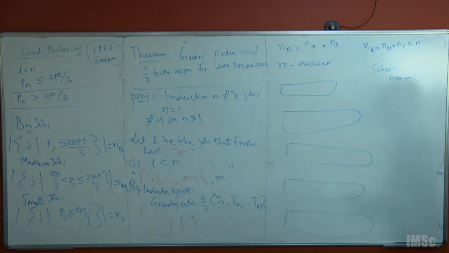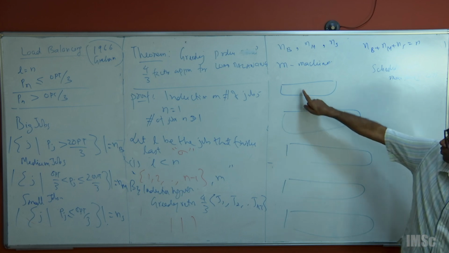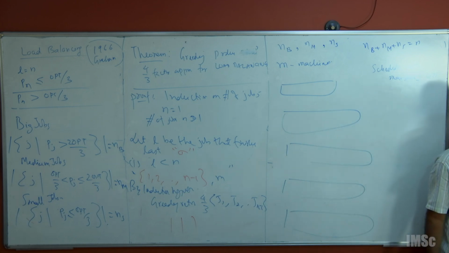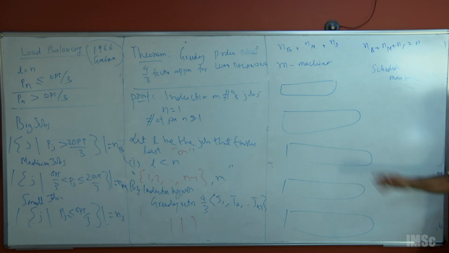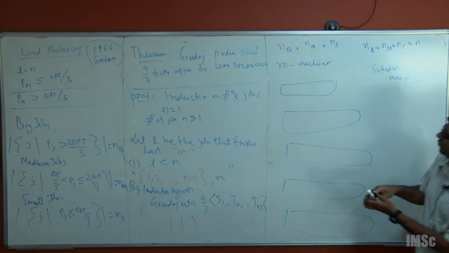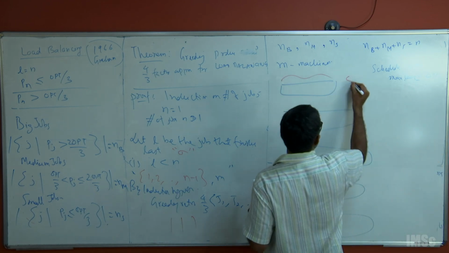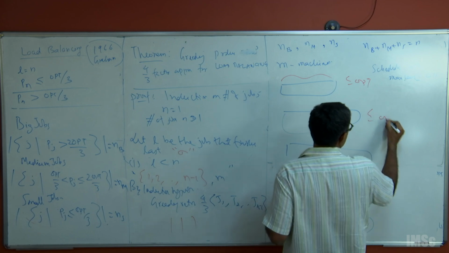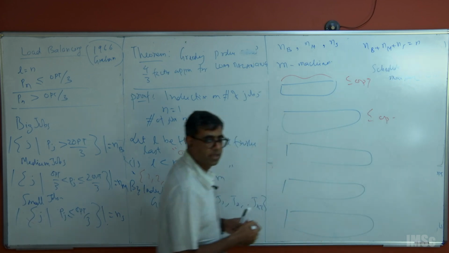Please tell me how many big jobs can we accommodate on one machine? At most one, right? On any machine we can accommodate at most one big job, because this is a schedule. What is the meaning? It means the load of everybody is less than or equal to opt, because this is the best schedule we can think of, right?